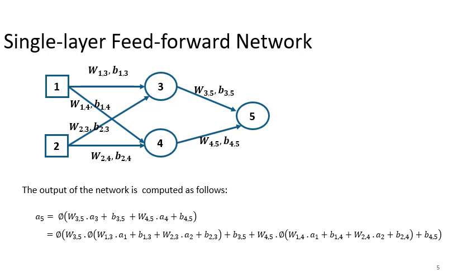And we can replace E4, which is the output of node 4, with its value. And similarly, we will have this very long function in which we can express the output using the inputs of the single layer feed-forward network.